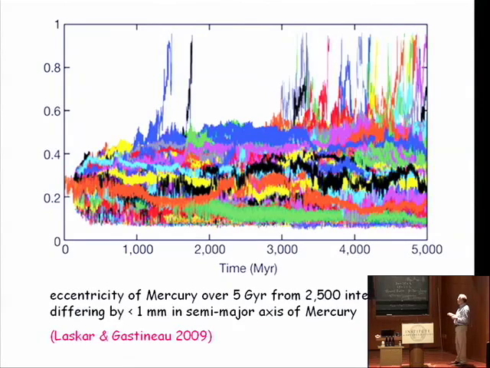So they varied Mercury's initial position by some random number between 0 and 1 millimeter. It gave a huge variety of different behaviors for the eccentricity of Mercury over 5 billion years, but you can see that in some small fraction of them, Mercury was chaotic enough that it went to very high eccentricity and then presumably collided with Venus or fell into the sun or had some other uncomfortable fate.